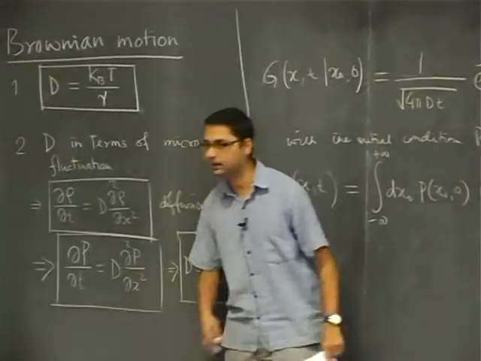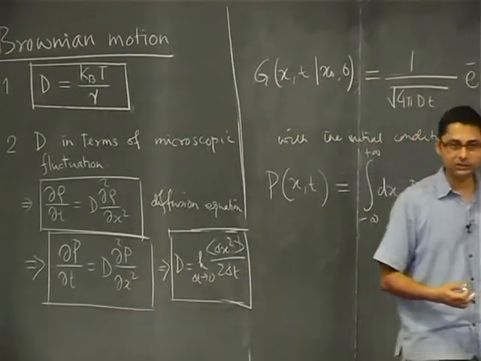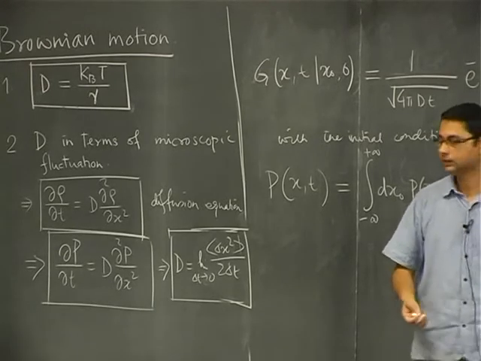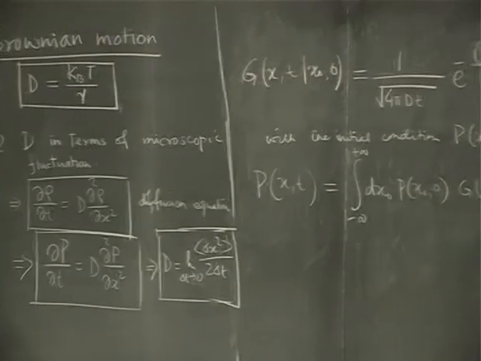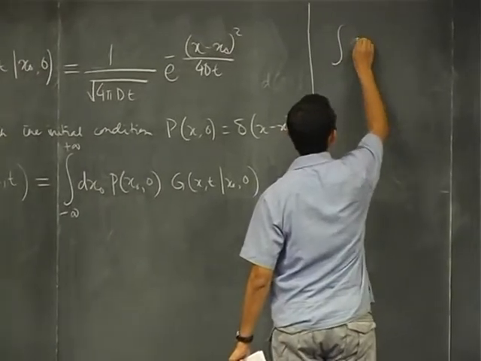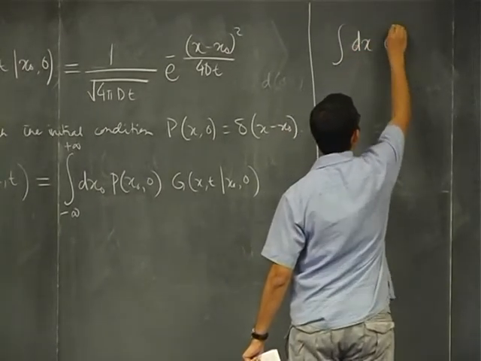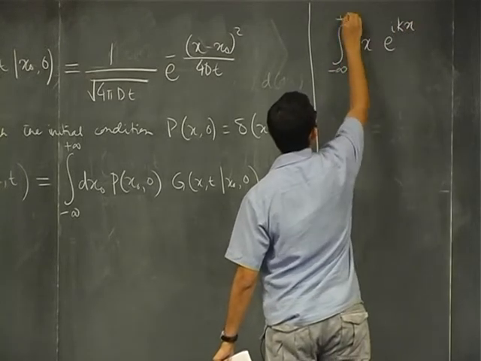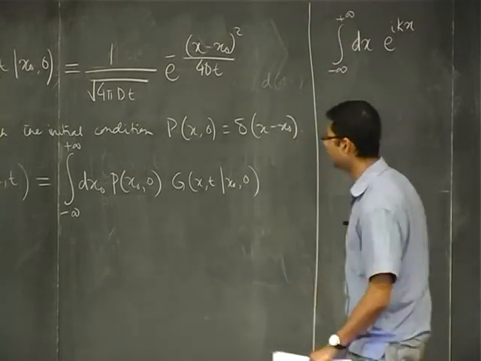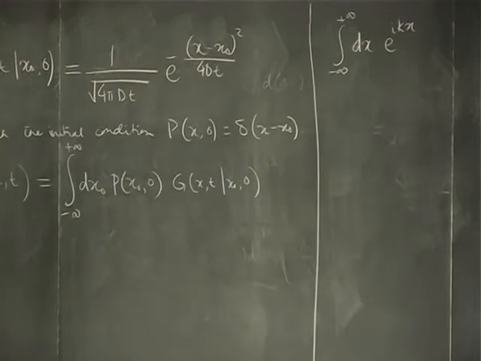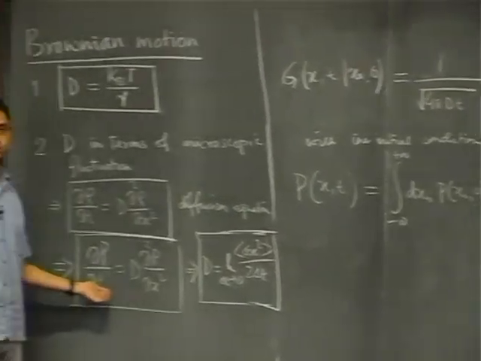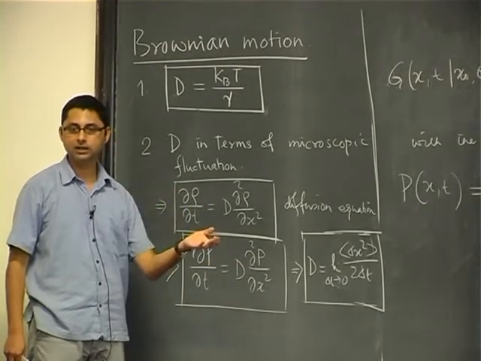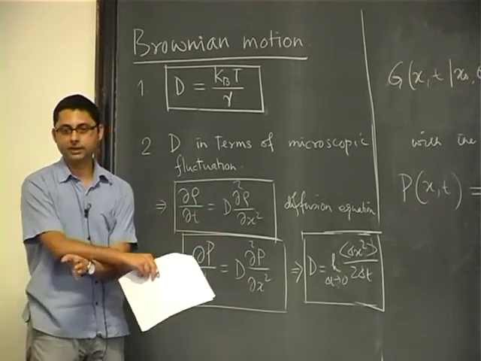We are going to multiply by e power ikx on both sides and integrate over x, from minus infinity to plus infinity, right. The derivative is with respect to time, and I am integrating over x, these are independent, right. So I can just change the order.